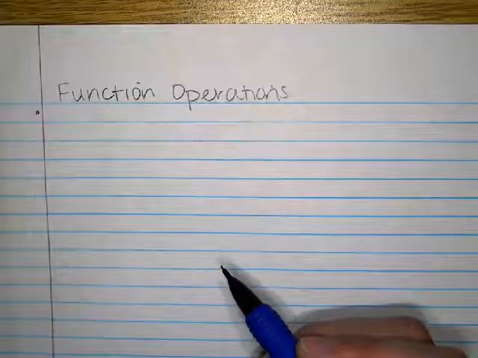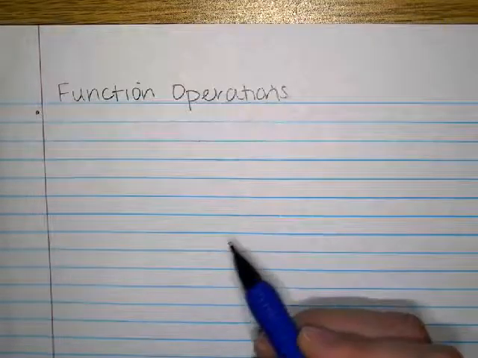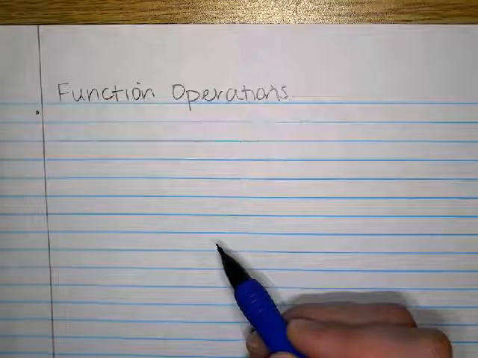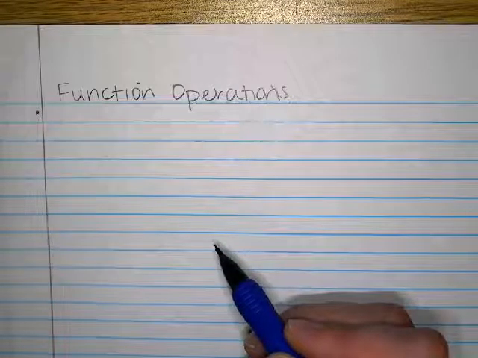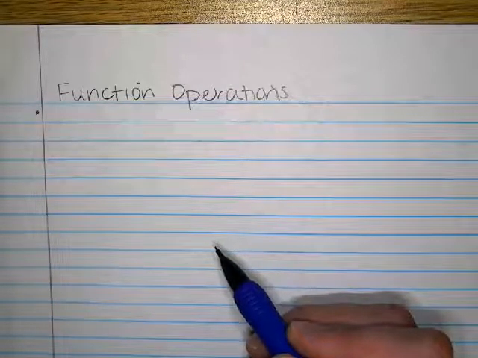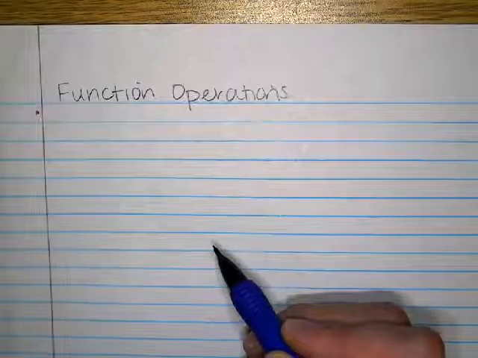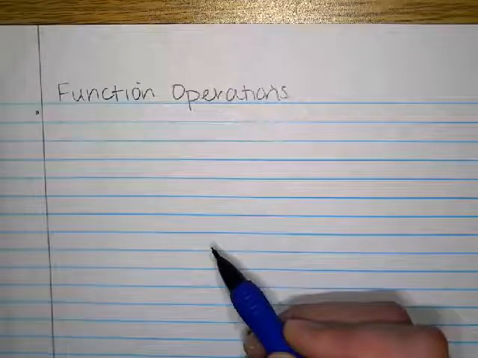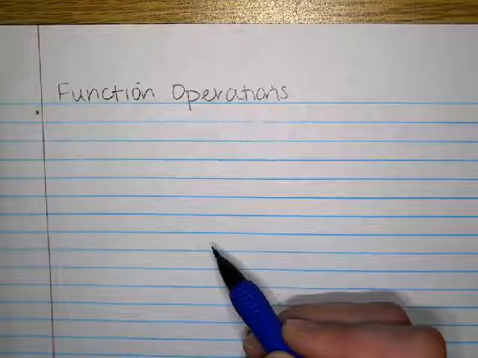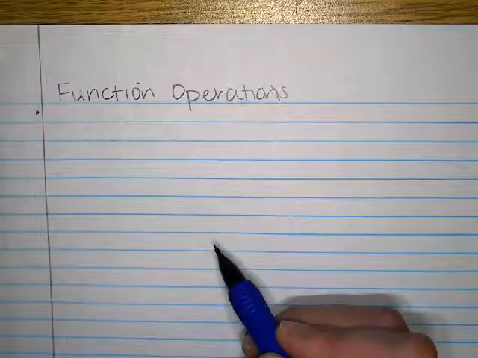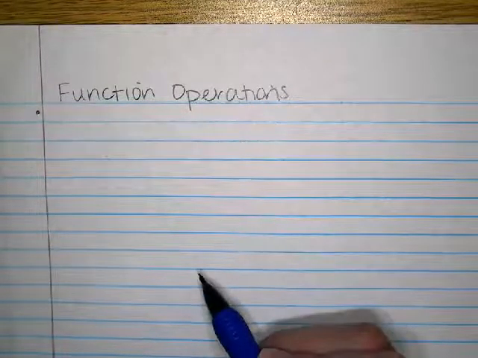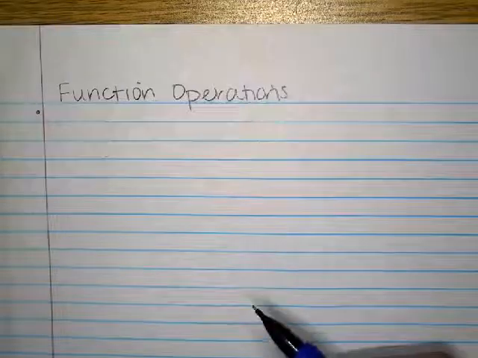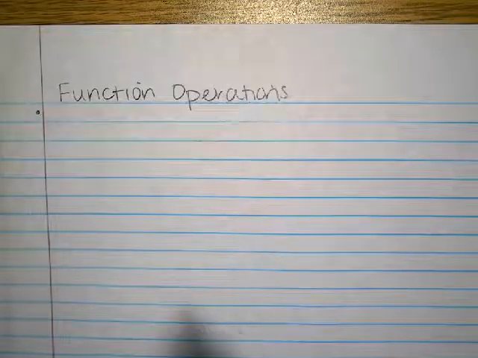So how do you add functions together? How do you subtract functions? Again, you have done this before. The notation just looks different. Are we listening? The beginning of the problem is what's going to look weird, and then once you get started, you'll be like, oh, this is old.